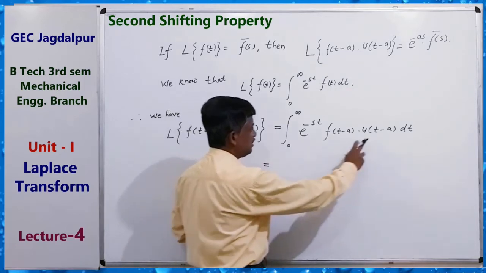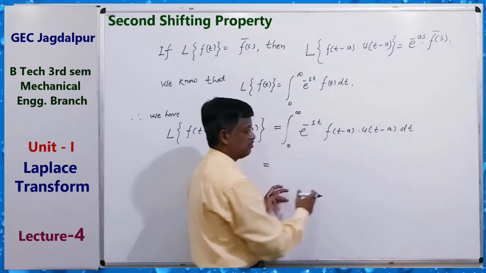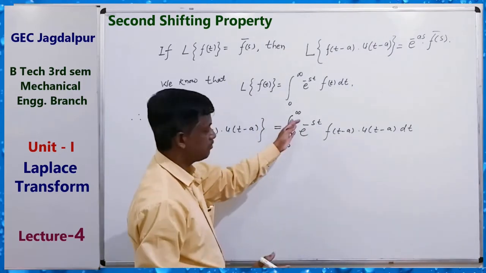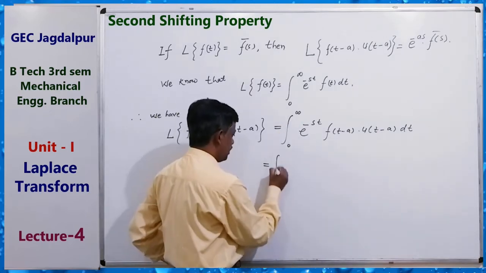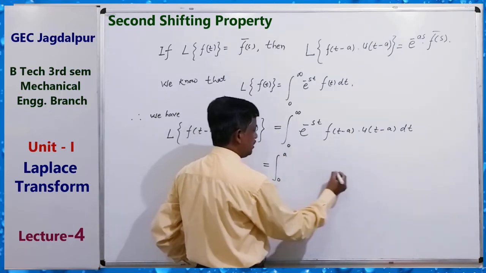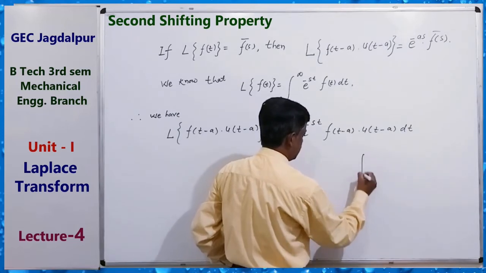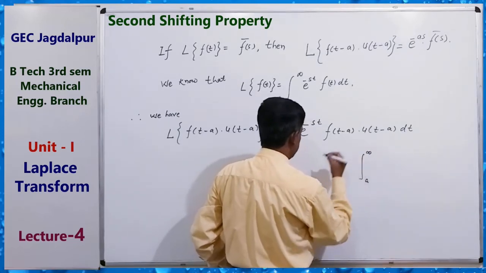Here there is a unit step function, so we have to divide the interval into 0 to a and a to infinity.